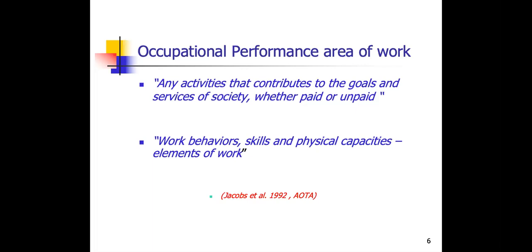They are able to walk, they have to mobilize themselves, they are able to stand. Kalau kerja di kilang, if you are a production worker, you need to have physical capacity, your endurance to stand, your endurance to sit, known as physical capacity. So the elements are work behaviors, skills, and physical capacity.